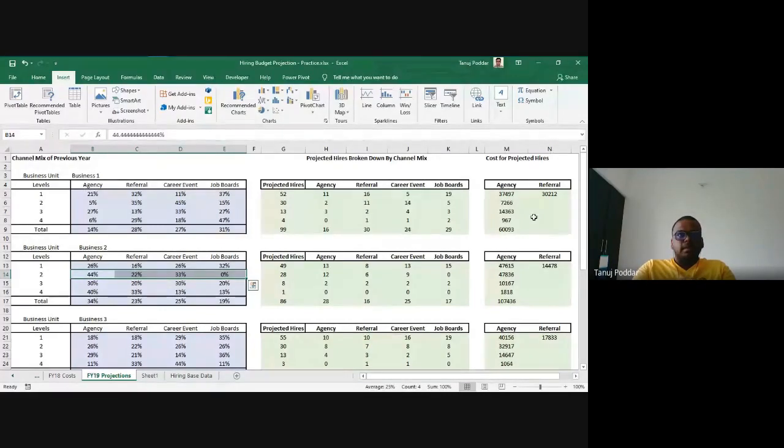If they think it is not possible to find people through referrals or job boards, because our recruiters are not smart enough, or we cannot dedicate that much time to it, then they'll keep it at 44, but otherwise they can try and reduce it.